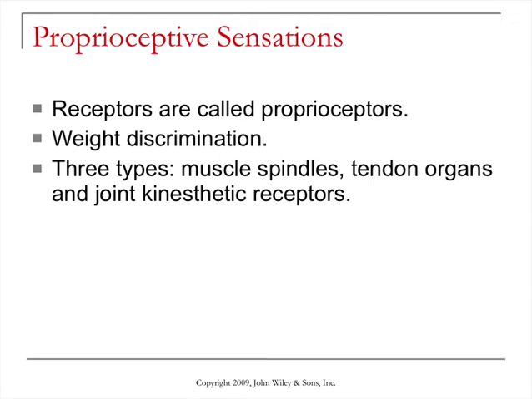There are three types of proprioceptors, and these are called muscle spindles, tendon organs, and joint kinesthetic receptors. In the next few diagrams, we're going to look at muscle spindles and tendon organs. There are no pictures that relate to joint kinesthetic receptors.